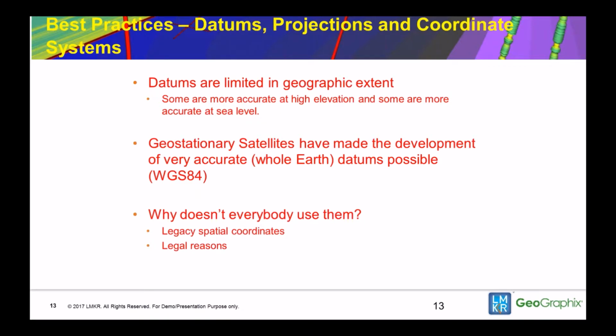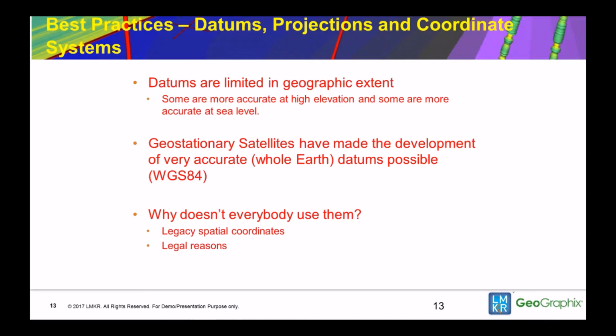One is an awful lot of legacy spatial coordinates are in old datums, or datums that were used in the 19th century and the 18th century, and on and on. There are also some legal reasons on deeds and leases and legal documents. Those latitudes and longitudes would have been in datums that are not the most accurate datums that we have in use today.